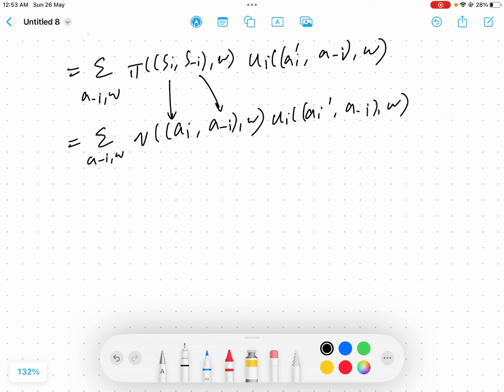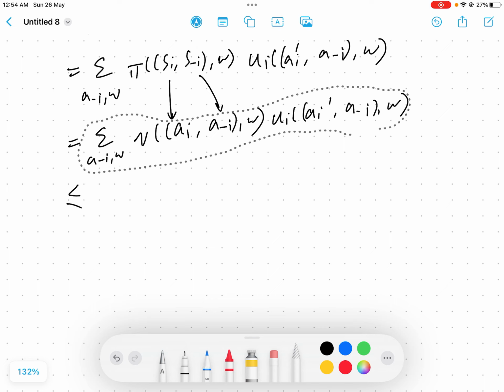Now we are using the obedience again, and this is the most important step. We're using the obedience inequality here: this is smaller than or equal to the thing without the prime, a_i without the prime. We can copy and paste that, of course.